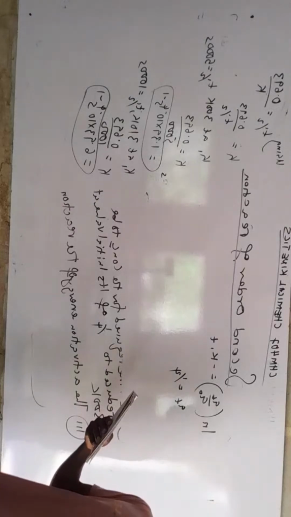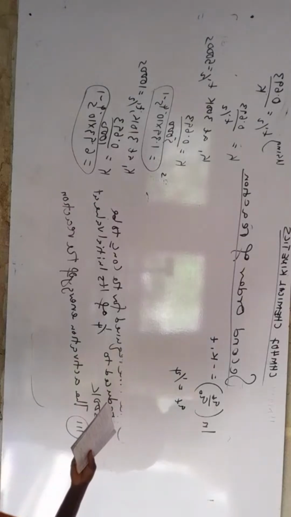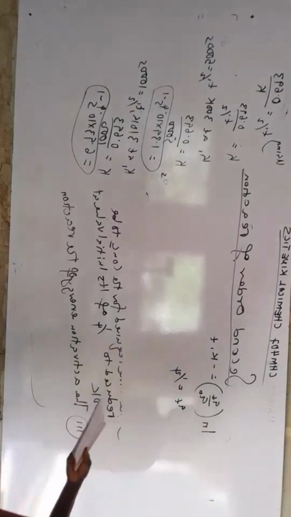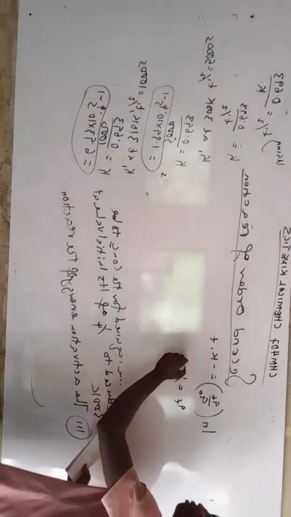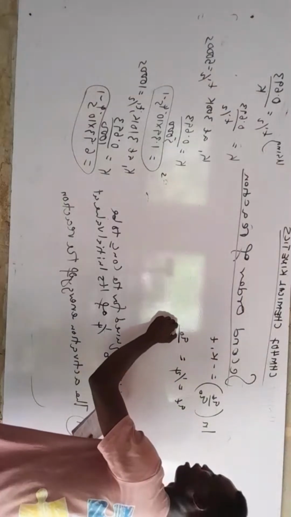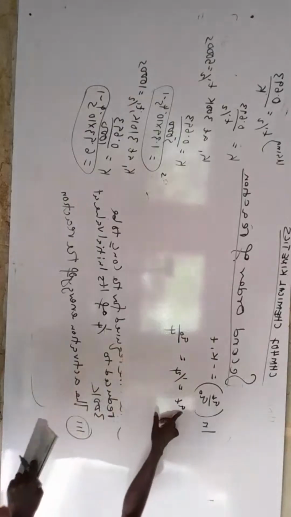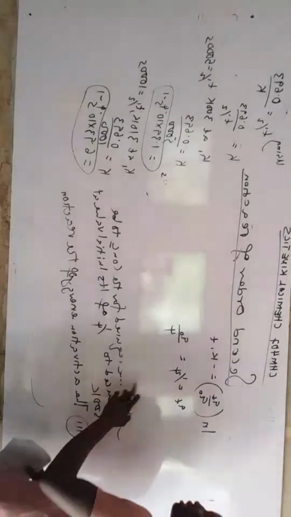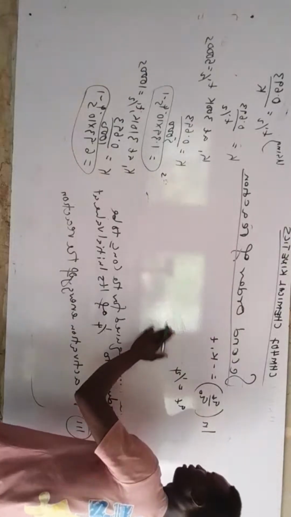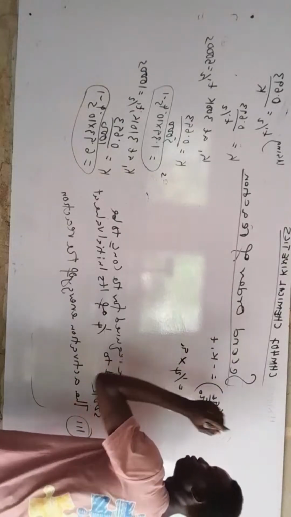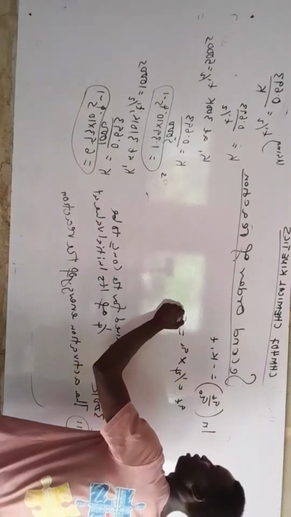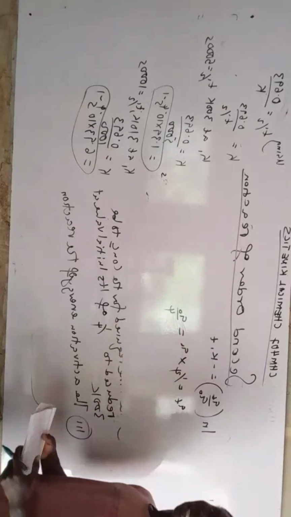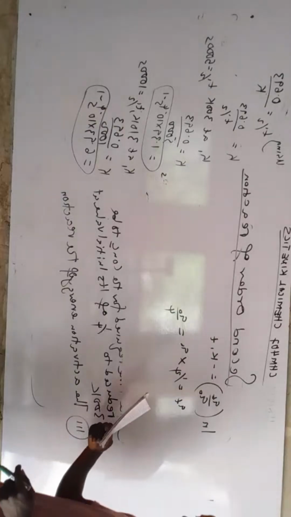For it to have been reduced to 1/4, our At will now be A0 over 4, because At is 1/4 times A0.